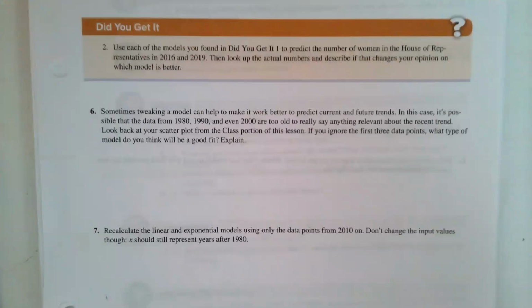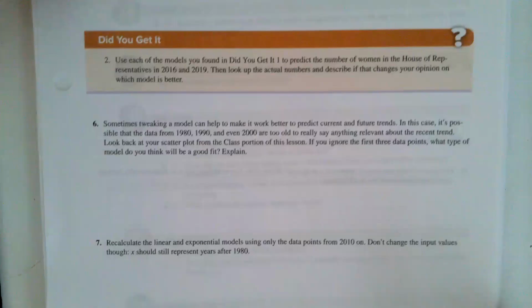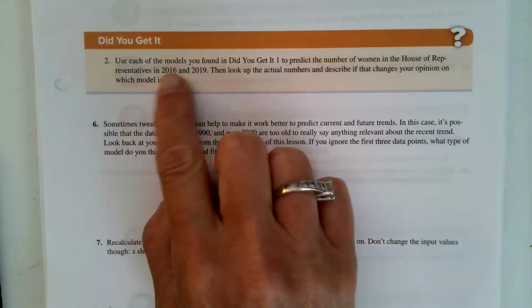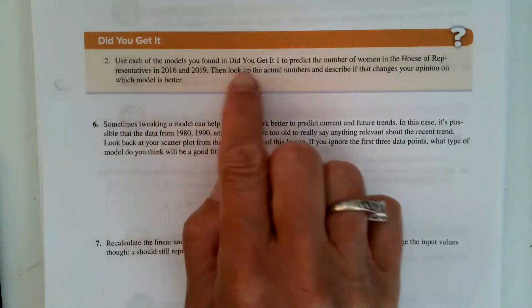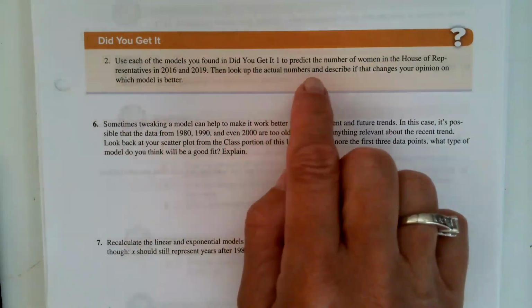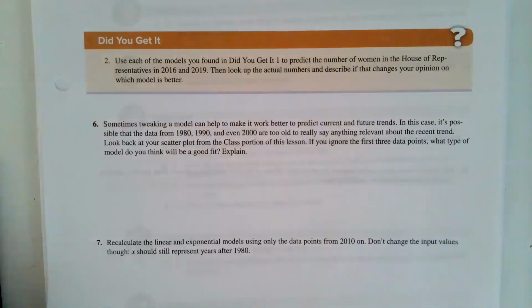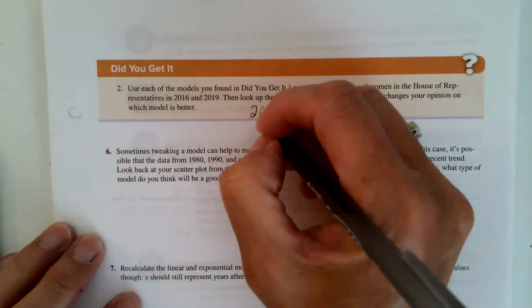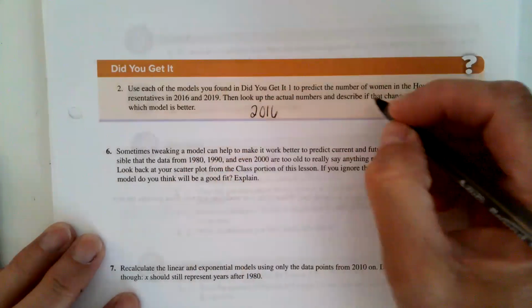Then the Did You Get It number 2 on page 245 is referencing this. It says, use each of the models you found to predict the number of women in the House of Representatives in 2016 and 2019. Then look up the actual numbers and describe if that changes your opinion on which model is better. So we're going to do 2016.